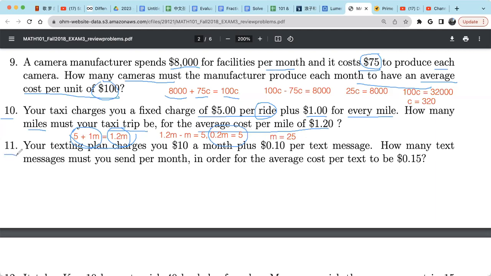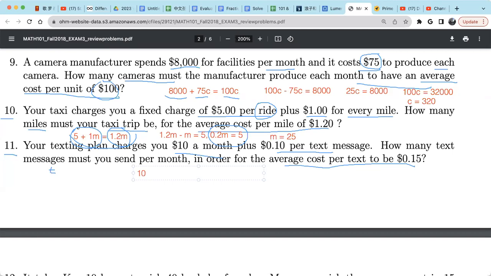Now let's see 11. A texting plan charges you $10 per month plus 10 cents per text message. So how many text messages, let's say T many, do you need per month in order for the average cost per text to be 0.15? Exactly the same equation we need to make.